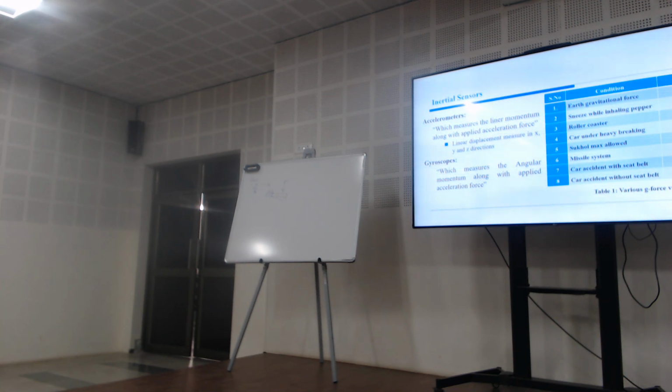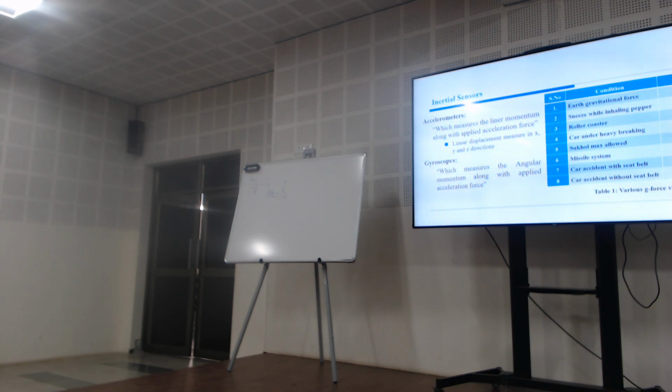That's why we close our eyes whenever we are sneezing. Maybe our eyes would come out otherwise. Next is the roller coaster, which produces 3.5 to 6.3 gravitational force. A car under heavy braking produces 6.3 gravitational force. By Maxwell, it produces 9G. If we want to target a missile, it produces nearly 30G.